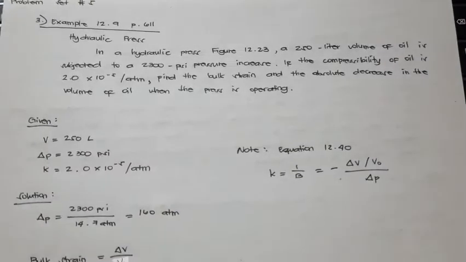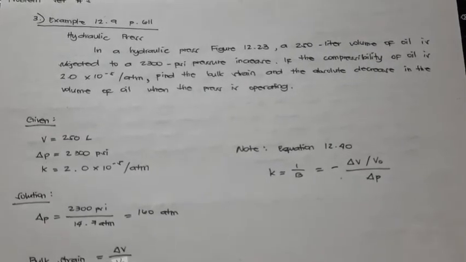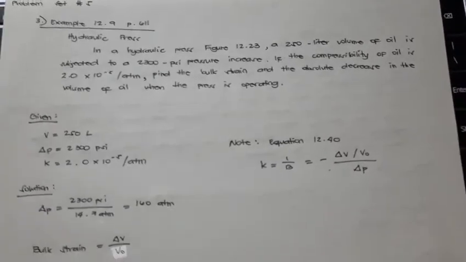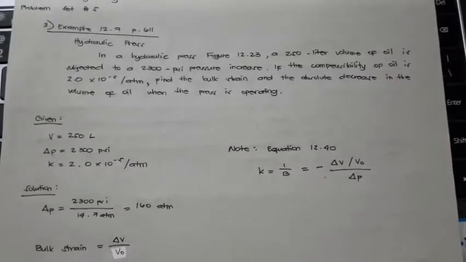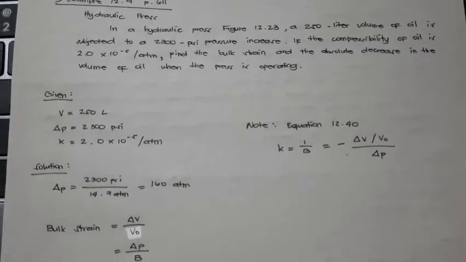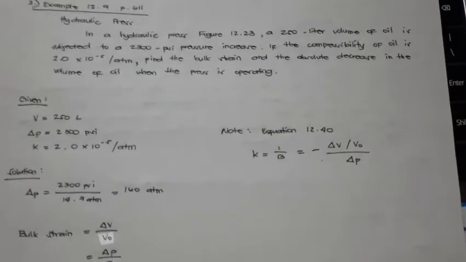Then K is equal to 2.0 times 10 raised to the negative 5 power per atmosphere. Then what we are looking for are the bulk strain and the absolute decrease in the volume of oil when the press is operating.